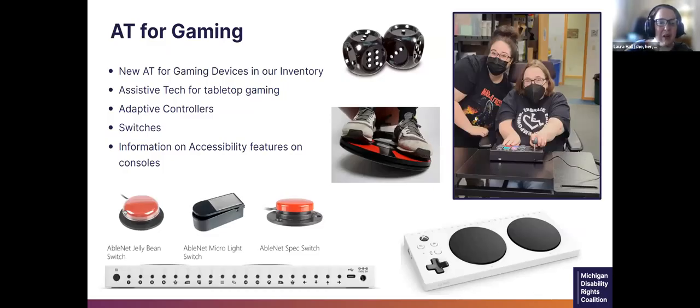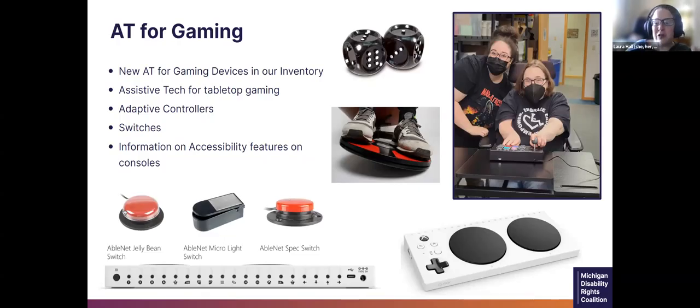So a lot of the things that I show on this slide are for video gaming, but I wanted to mention that we have assistive technology for tabletop gaming. For example, you can see on the slide some tactile dice that are meant for people who have trouble distinguishing the numbers on the dice.